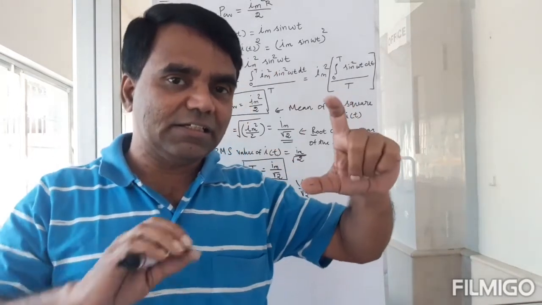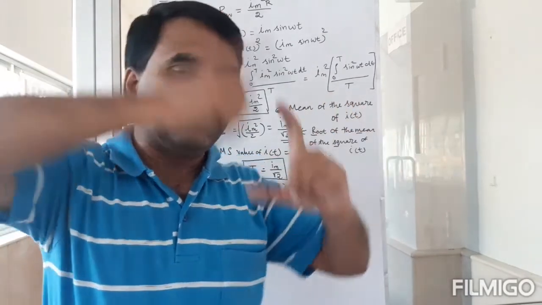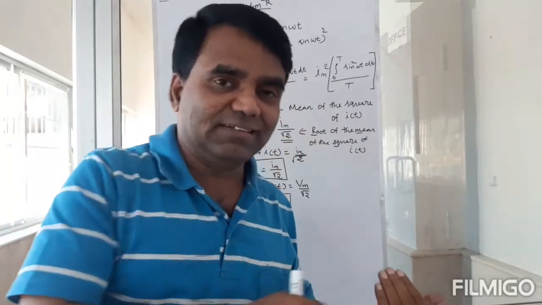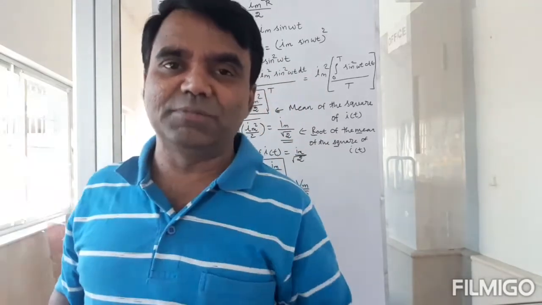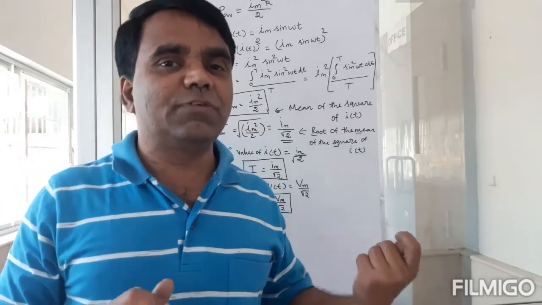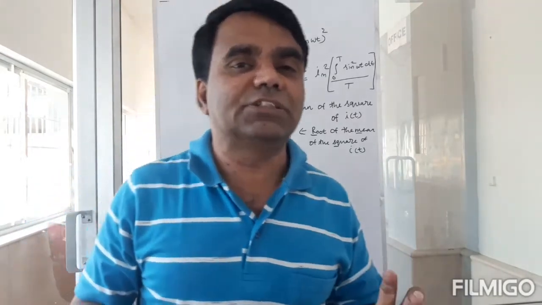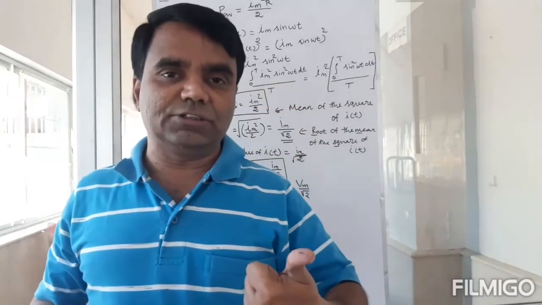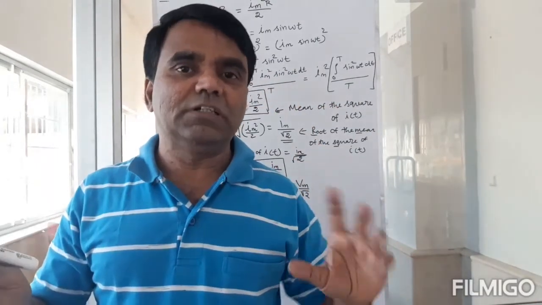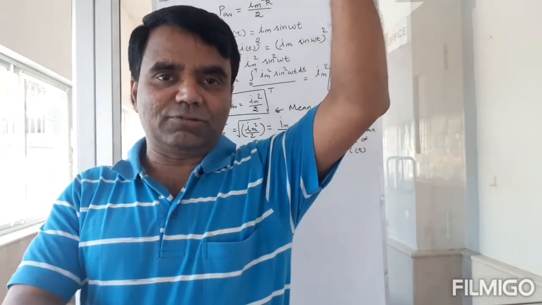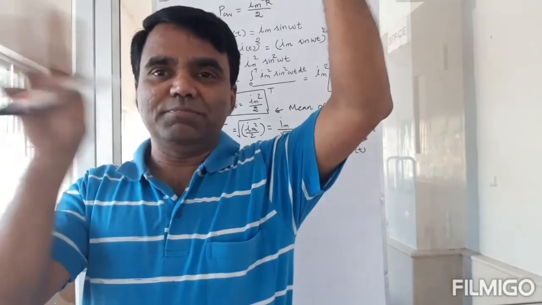First you are squaring it, finally you are taking the square root, so you come back to the same thing, except that you have taken the mean in between. So the RMS value of any function is this: take the function, square it, find the mean, take the square root of the mean. Squared, mean, square root.